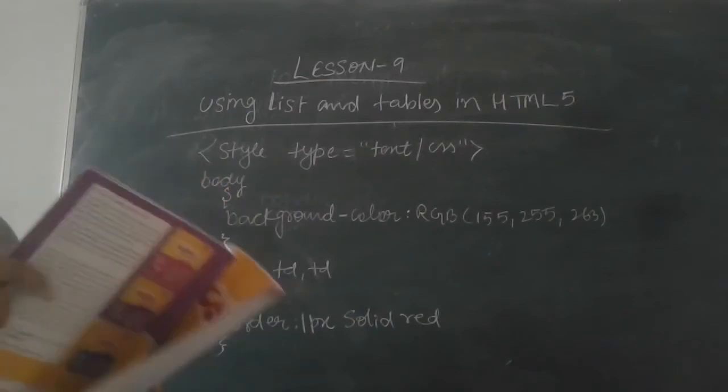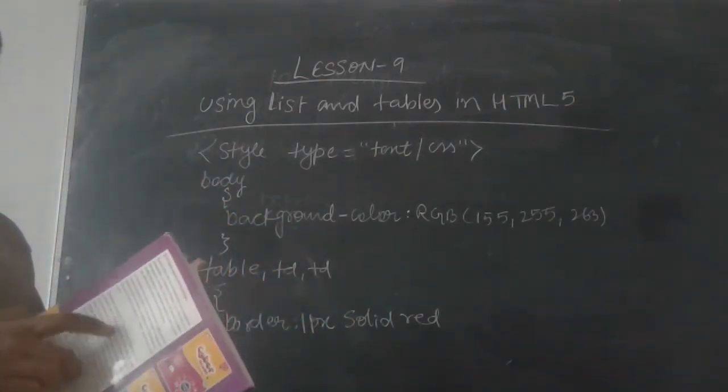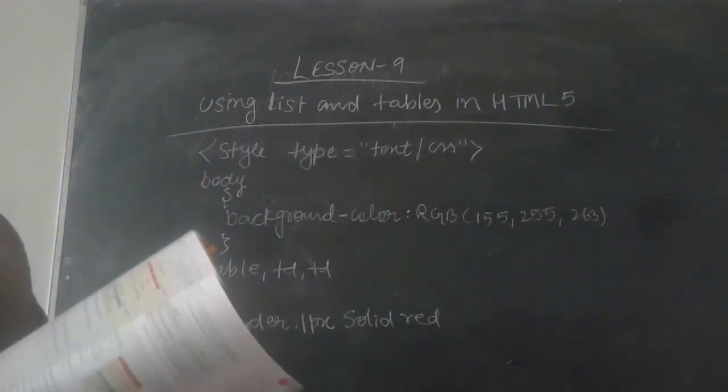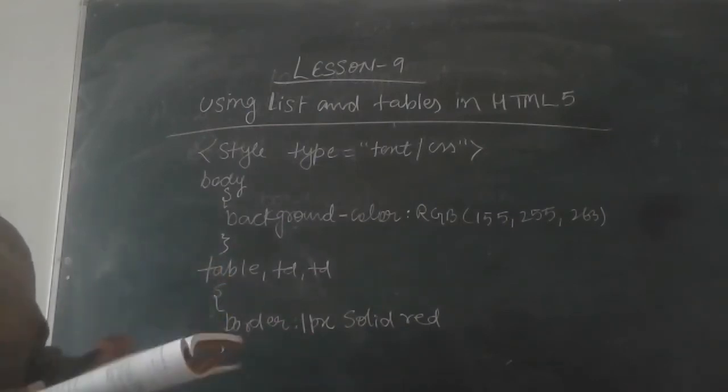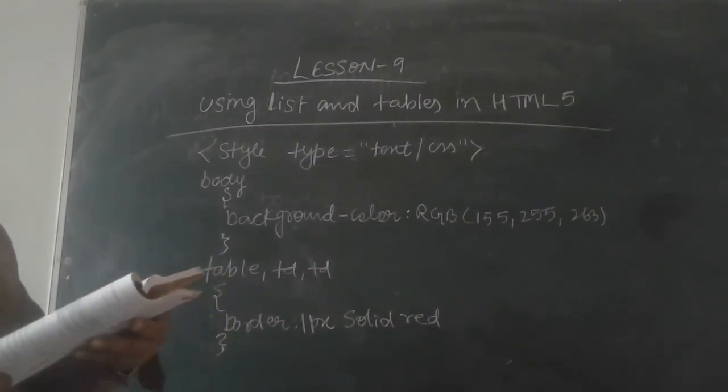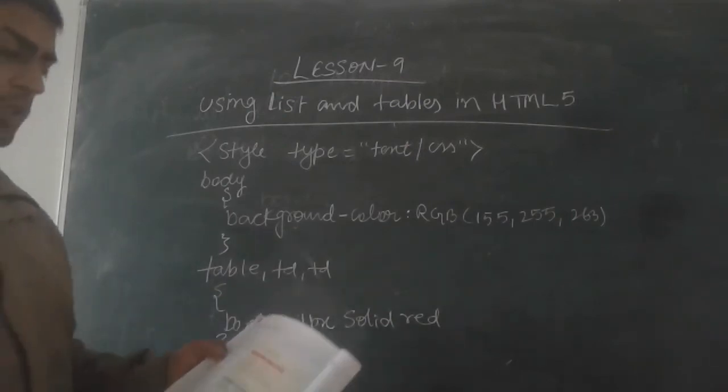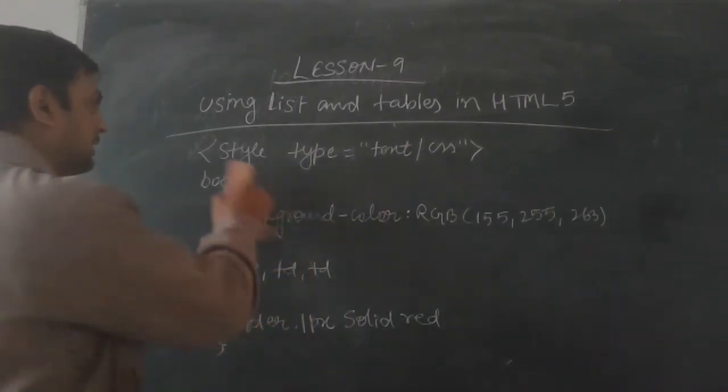Now, next, a few more attributes and a few more designing properties are given here. In this, I am erasing these two lines.